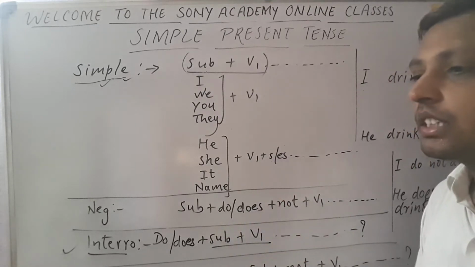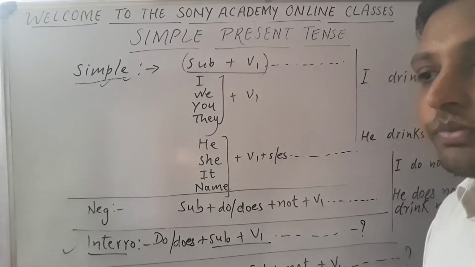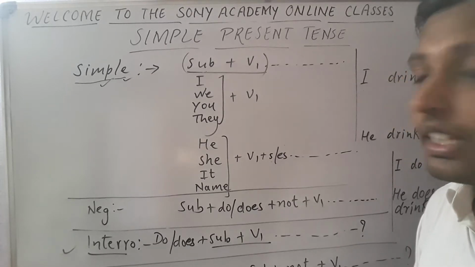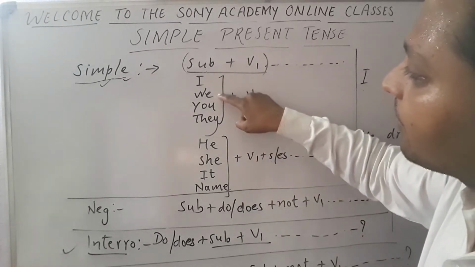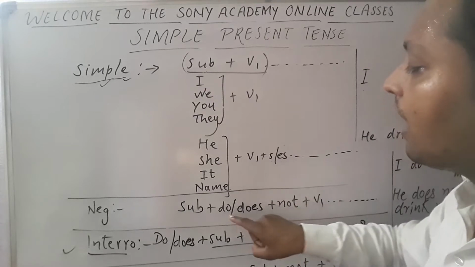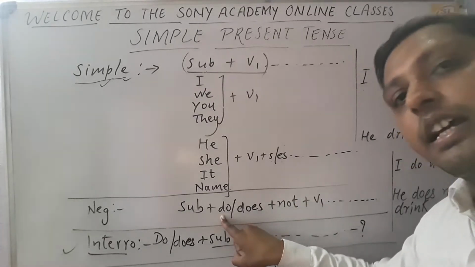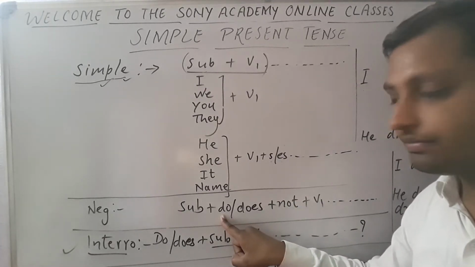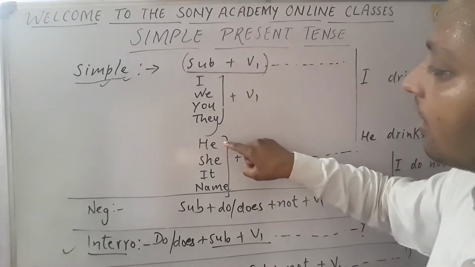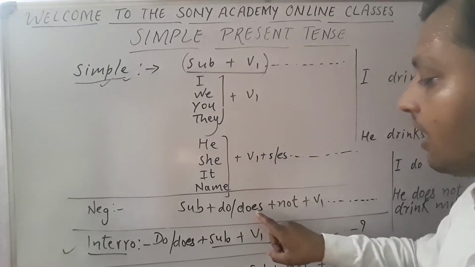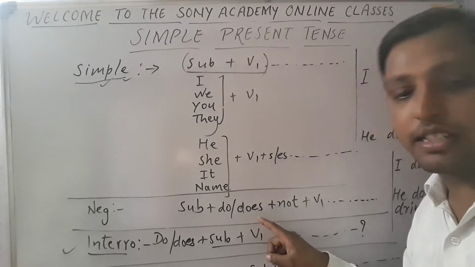You have to choose the helping verb according to the subject. If the subject is I, we, you, they, you have to use do as the helping verb. And if the subject is he, she, it, or name, you have to use does.